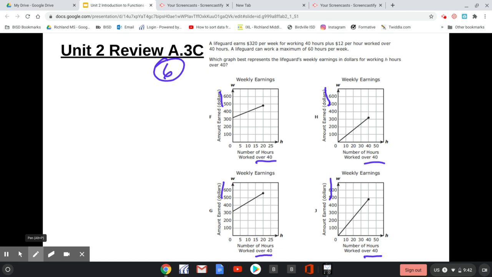So let's see which one's right. So I'm going to do some math here so I can figure out how much he makes. So he earns $320 when he works 40 hours. And he gets $12 per hour worked over 40 hours. So let's see which one is right.